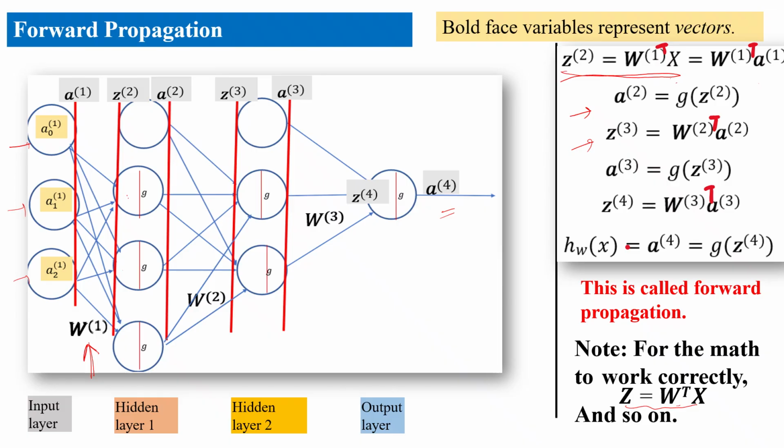Then we are going on from one node to the other, from beginning X, then A1 to Z2, A2, Z3, A3, and finally our output node. A3 is g(Z3) and Z4 is W3 transpose into A3. h_W(x), or the output, is A4, which is g(Z4).